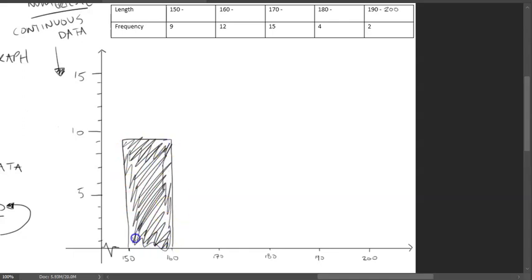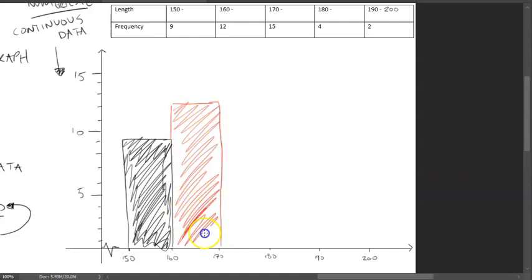And then again, histograms do not have any spaces. So the next chunk from 160 to 170 is going to be 12. So we're going to continue from this line, 10, 11, 12, and go across to the next one and color that in.